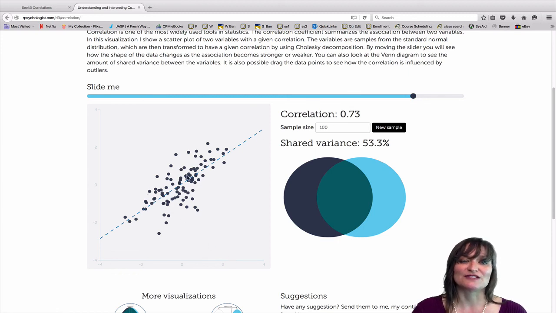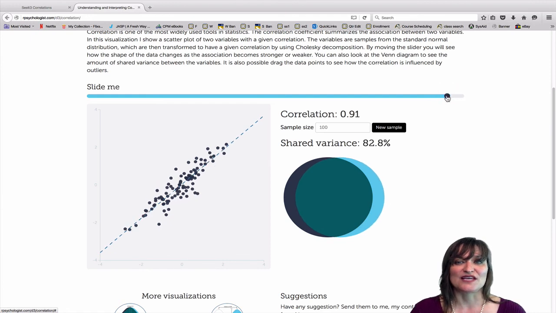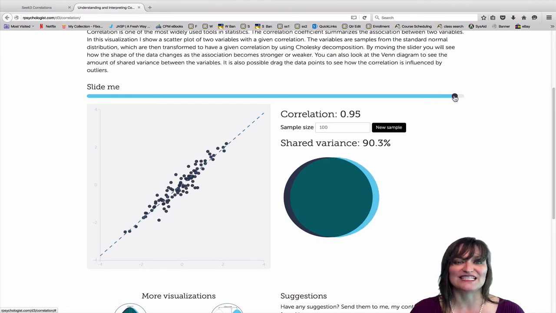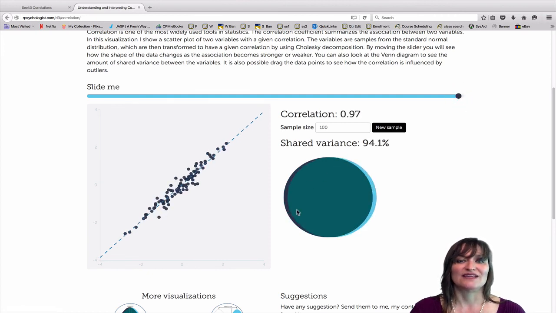Increases in one variable are associated with increases in the other variable. And as we get further and further out towards positive 1, those data points are clustering tighter and tighter and tighter onto that line of best fit. And you can see the shared variance increasing as well.